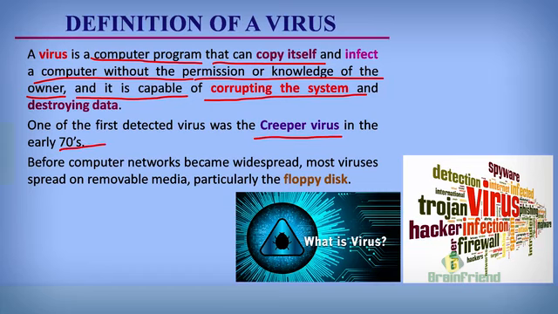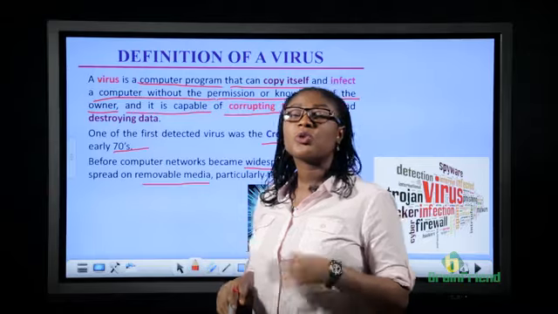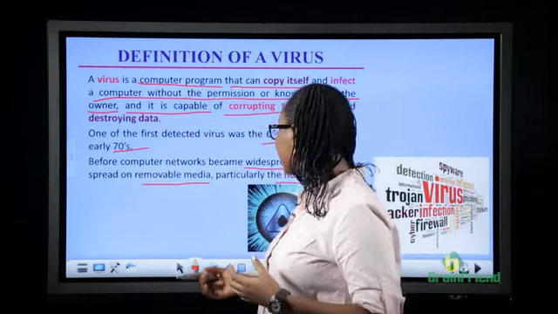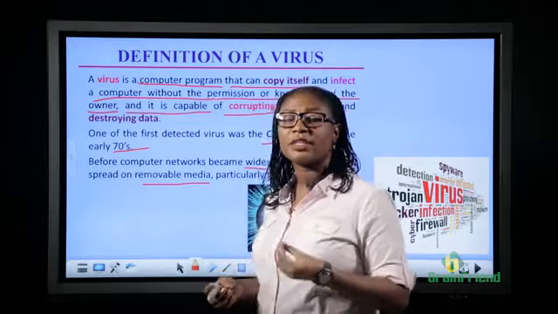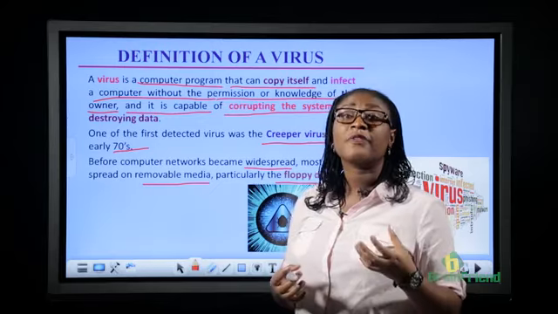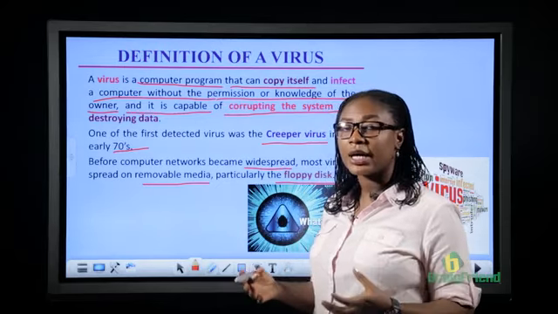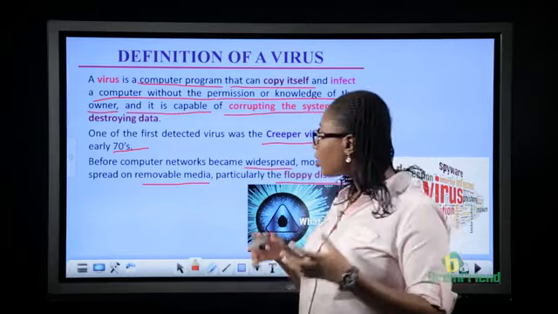Before computer network became widespread, most viruses spread on removable media, particularly the floppy disk. So if you want to boot a system and then you use an infected floppy disk, it can affect your system. The virus can come to that system and then destroy your data.